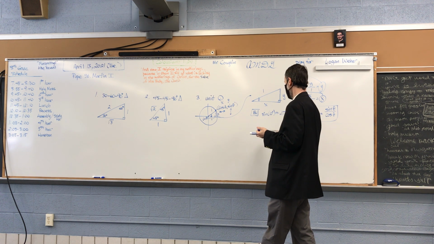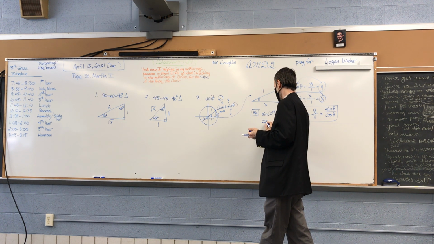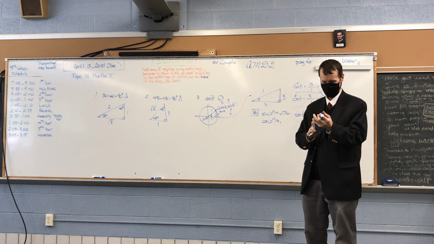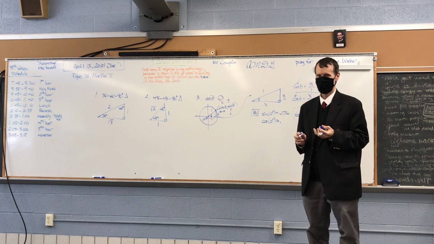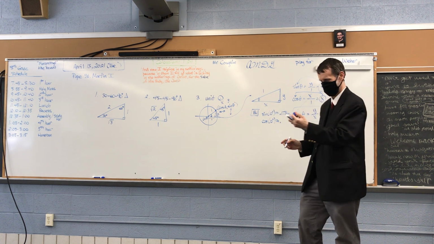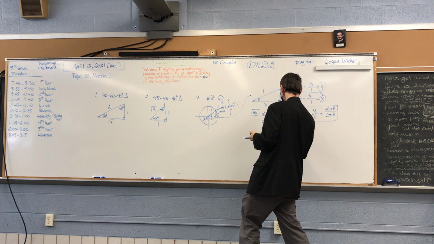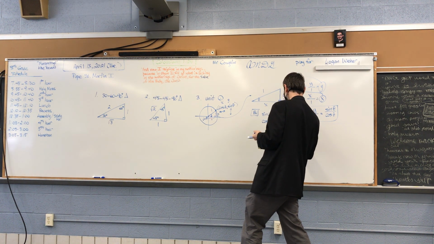Can somebody give me the cosine of 10 degrees? Give me point something. 0.9848, roughly.